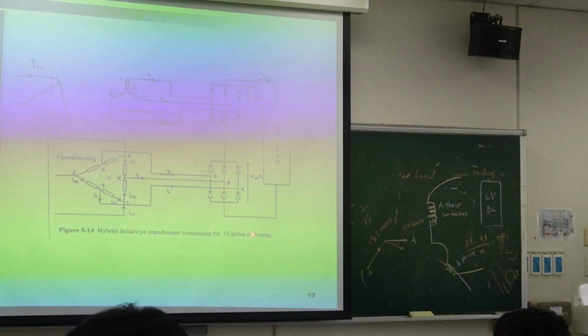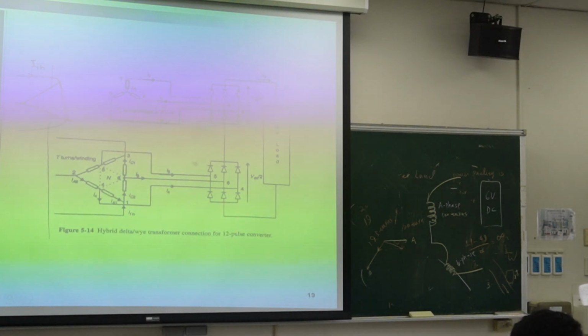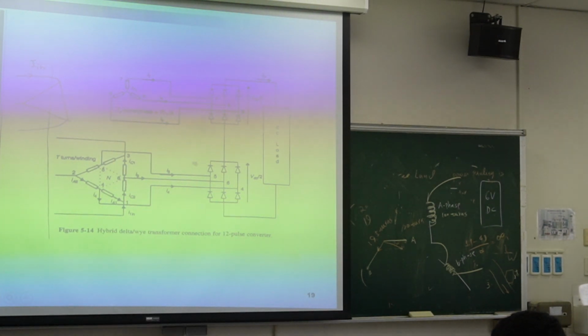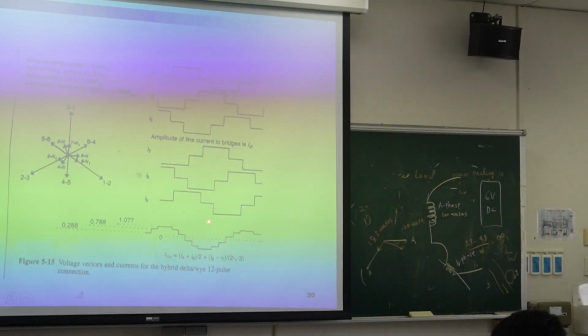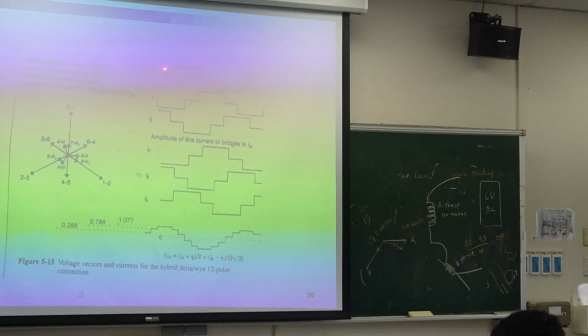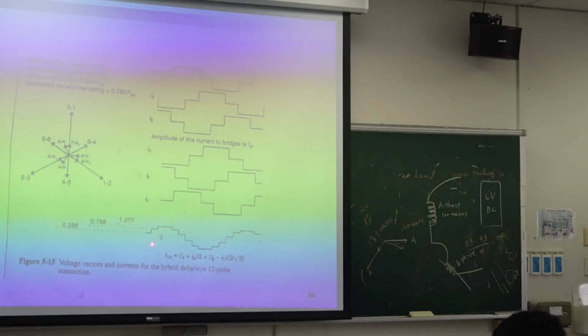So this is a 12 pulse converter. So then we can get the current closer to sinusoidal. So the current is like here. So we have I4, I5, I6, I7, I8, I9. So we get this current.